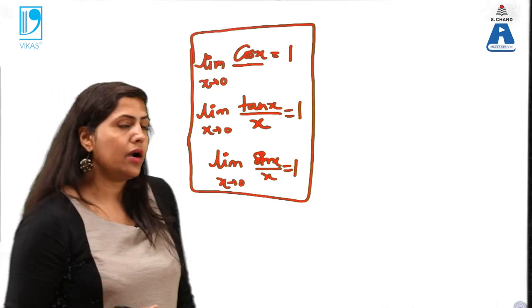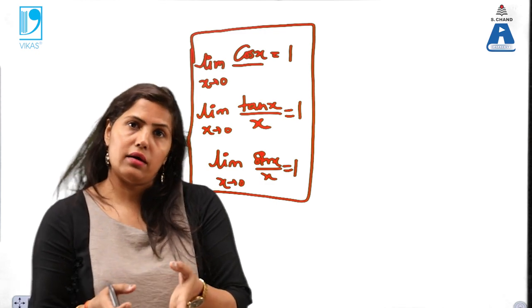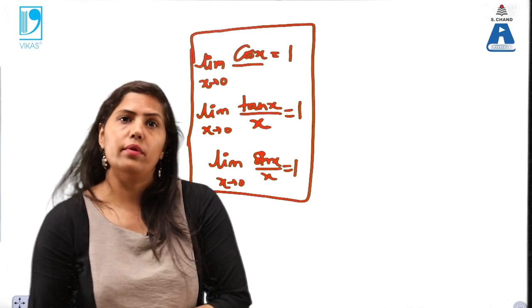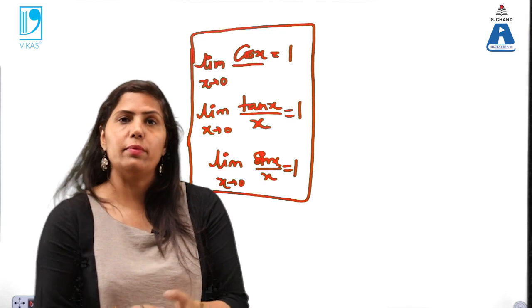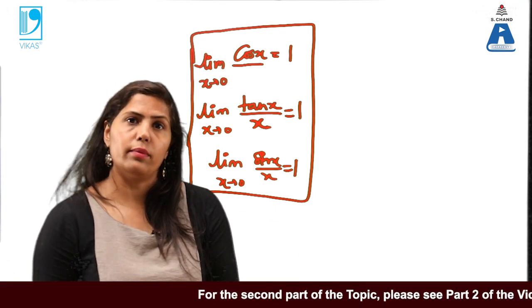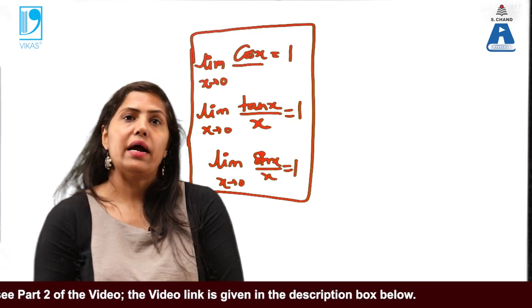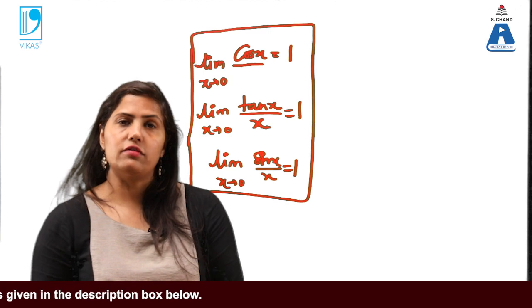So in part 2 of this lecture, I will be taking slightly different or difficult problems, but the problems will be solved by L'Hopital. These are the standard formulas we have calculated by L'Hopital rule, and in part 1 we have taken standard formulas.